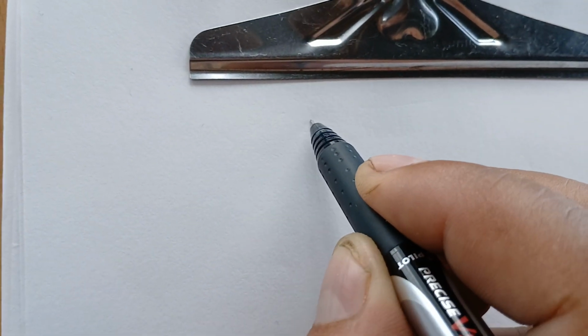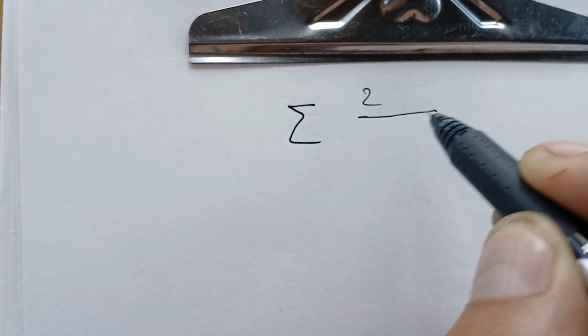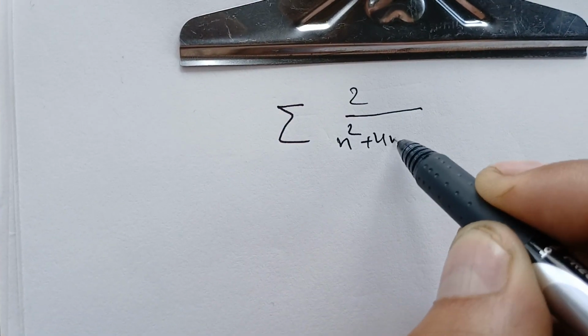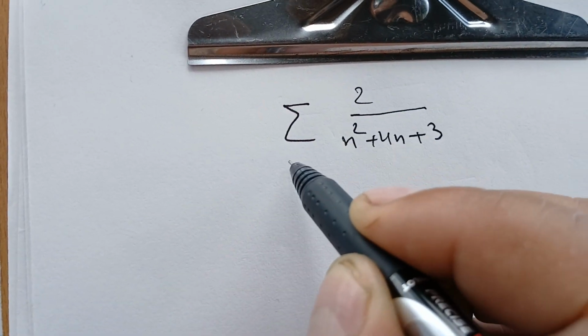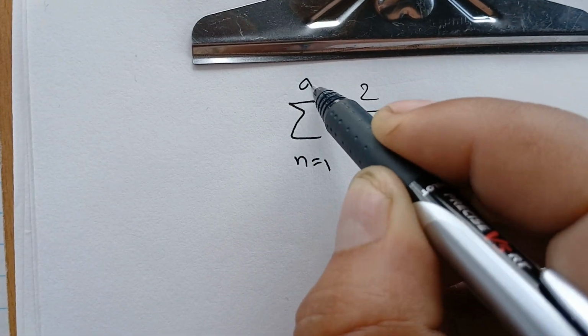In this video, we're going to compute the following sum: the sum of 2 over n squared plus 4n plus 3, with n going from 1 to plus infinity.